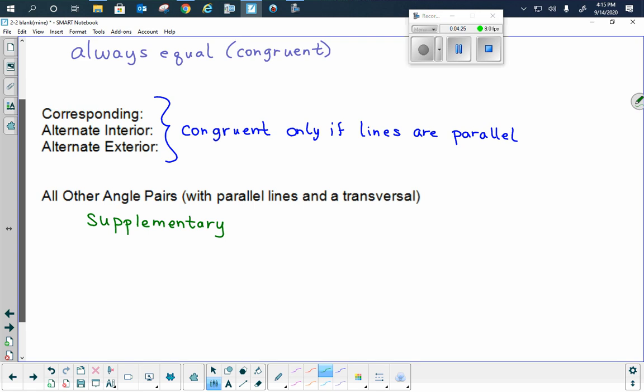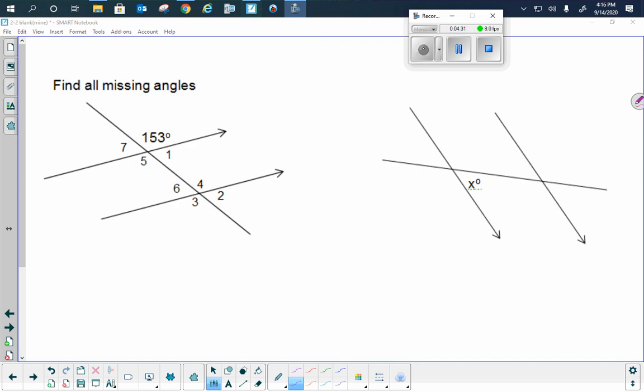So then practicing with some of our angles. When you see problems that say find all missing angles, we're being very literal with the word all. In this first picture, I see 8 angles. They need to all be labeled. This first one was given to us, and I'm going to mark that it is vertical to angle 5. Vertical angles are always equal, so I know this is also 153 degrees.